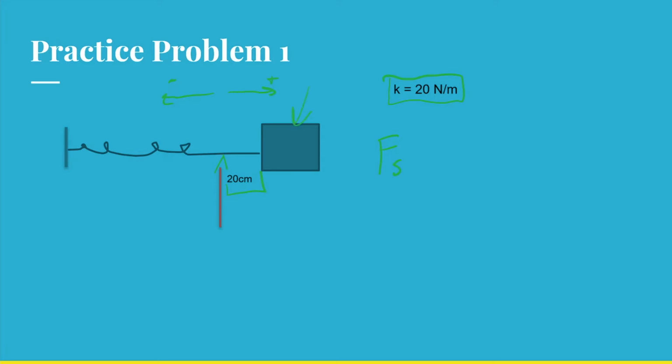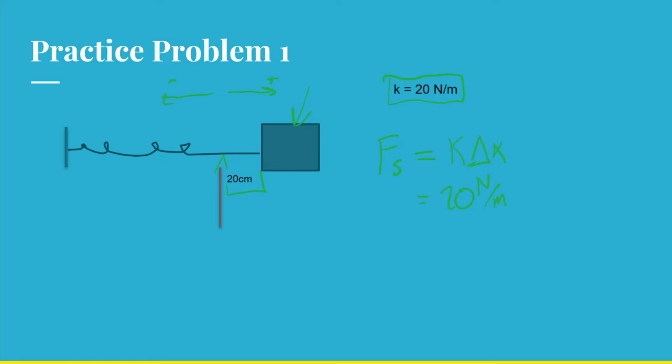Note that we're not looking at the spring by itself, but rather the force that the spring is putting onto this object. So I would use Hooke's law. I'm going to take the negative sign out just for a second. k delta x. I'll plug in k, which is 20 newtons per meter, and then be very, very careful, right? Because this is 20 centimeters.